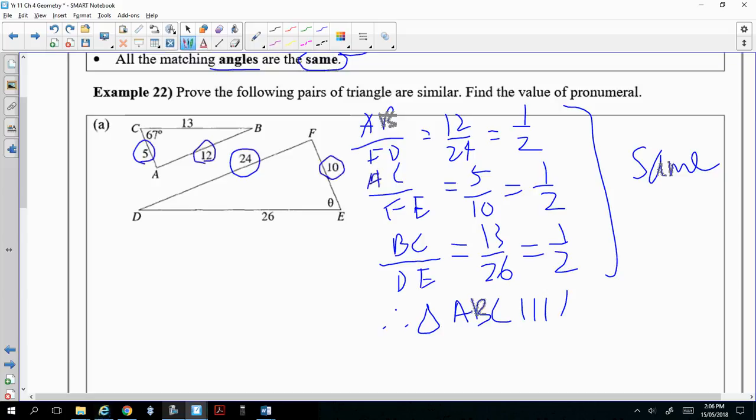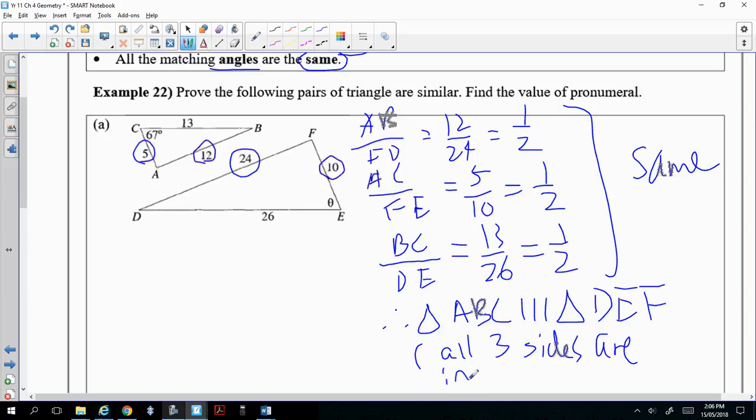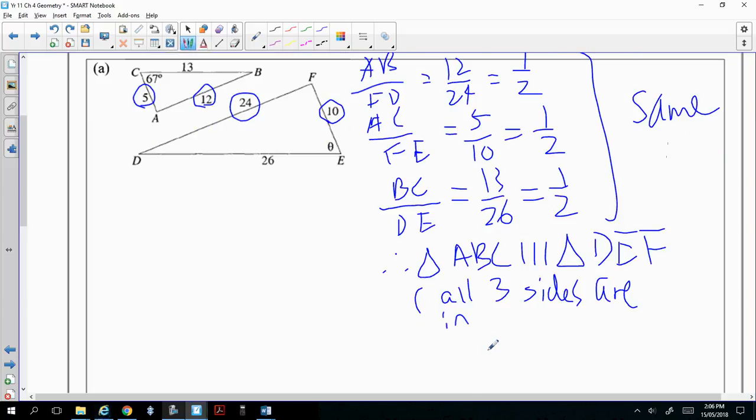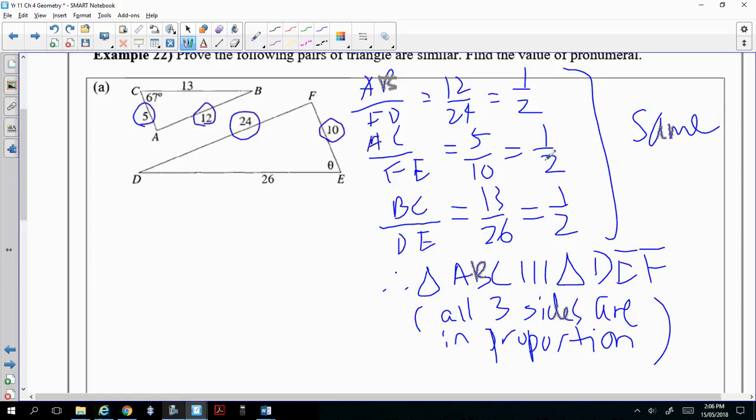The reason is all three sides are in proportion. This one's not too bad because they have to write a lot. Just say all three sides are in proportion, but that takes long to prove because you have to divide all the sides.